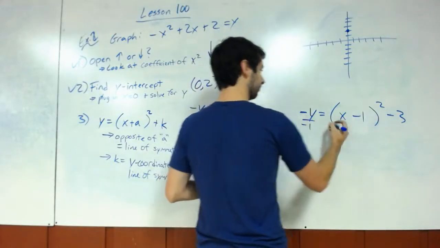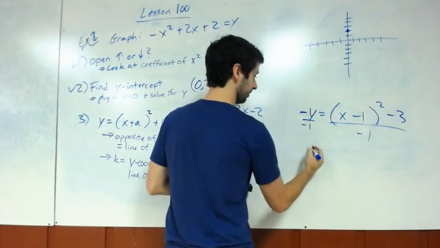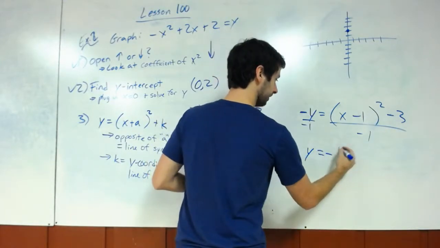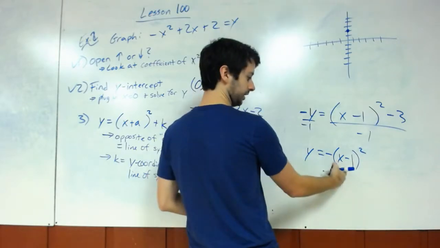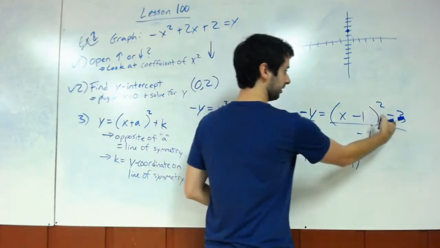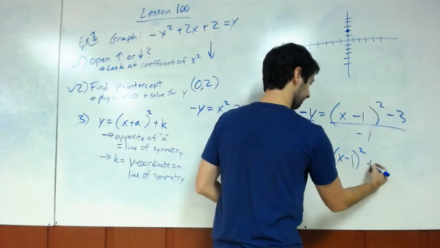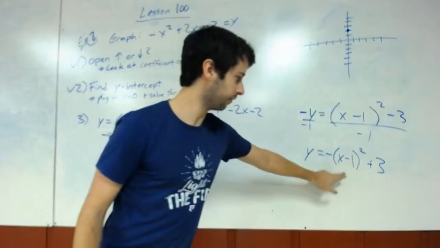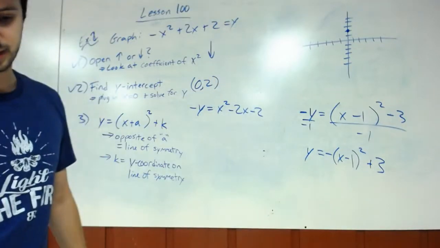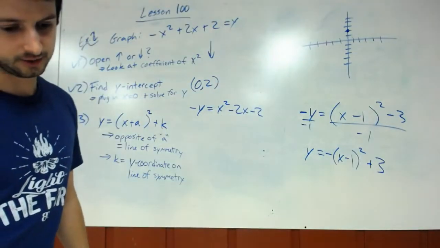Divide by negative 1. That becomes y equals negative x minus 1 squared. We keep that quantity, just put a negative. Negative 3 divided by negative 1 is a positive 3. So now we actually have our a and our k.